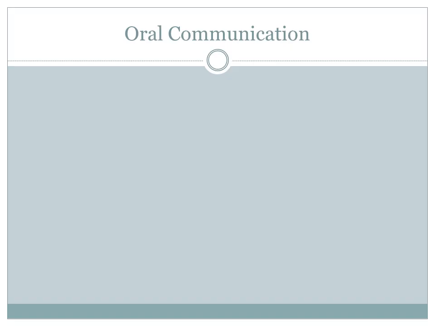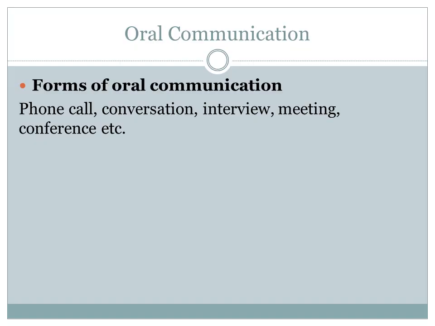To begin with oral communication, there are various forms, and some of the forms include: phone call is a form of oral communication, conversation is another form, interview is the third, meeting is the fourth, and conference is the fifth. There are a number of more forms, but just a few have been stated here for understanding and clarity.